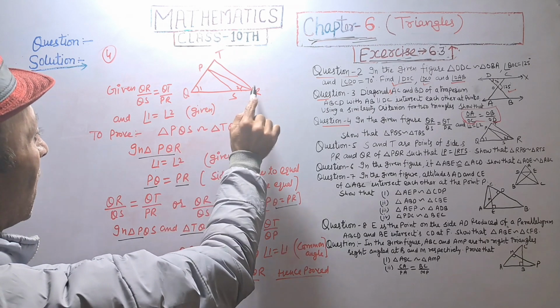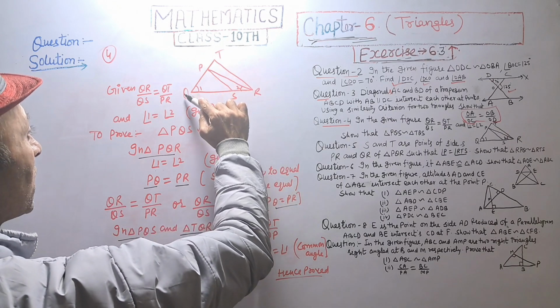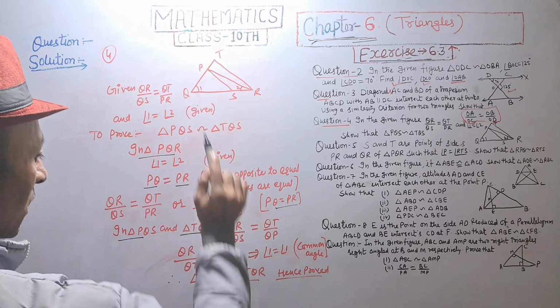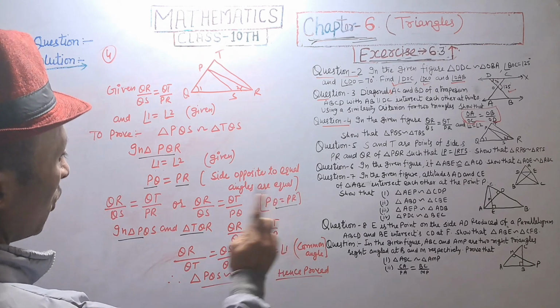QR upon QS is equal to QT upon QP. That is, angle 1 is equal to angle 1, common.